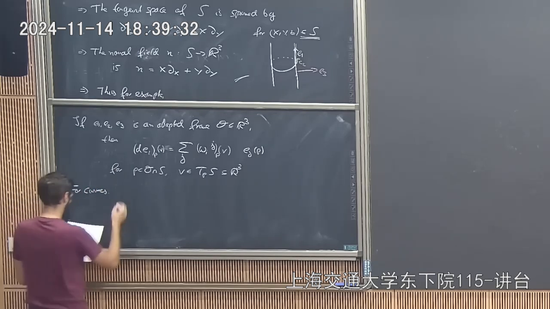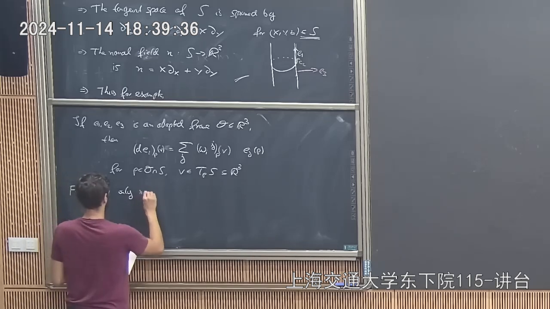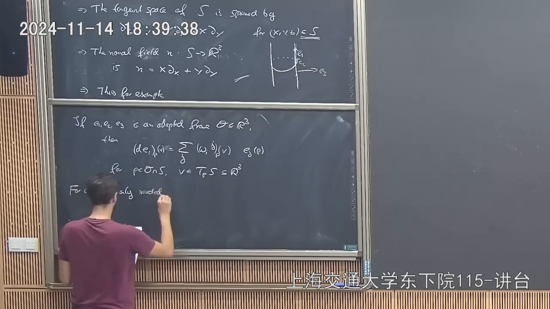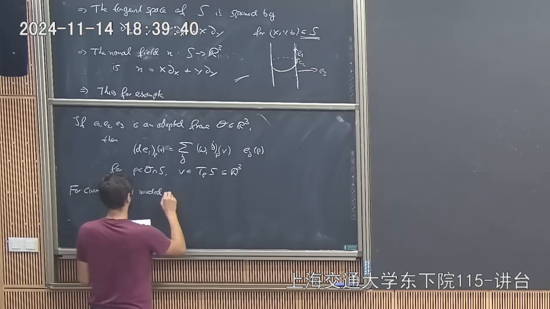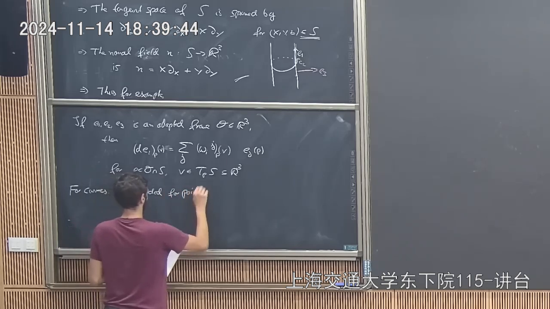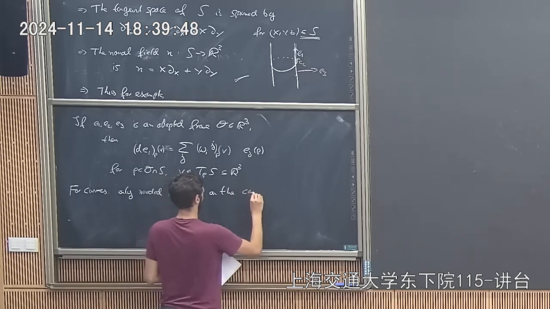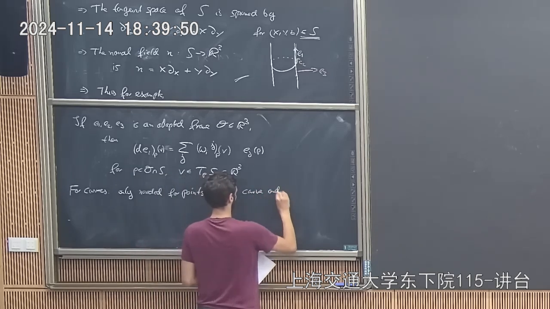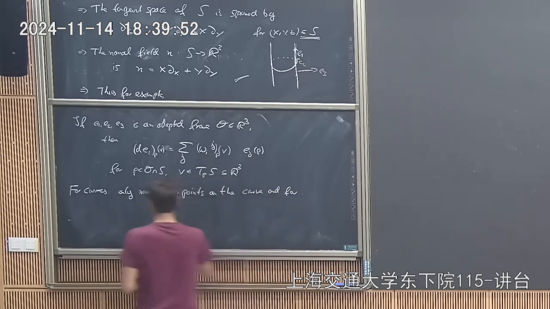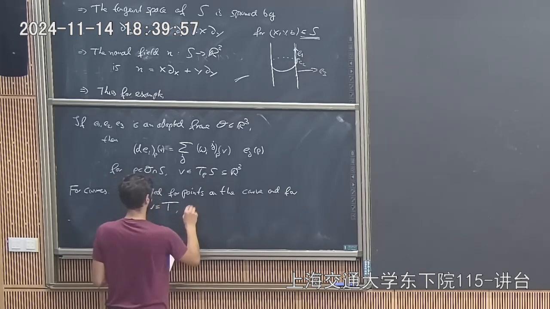Curve. Points on the curve, and for v equals the tangent.